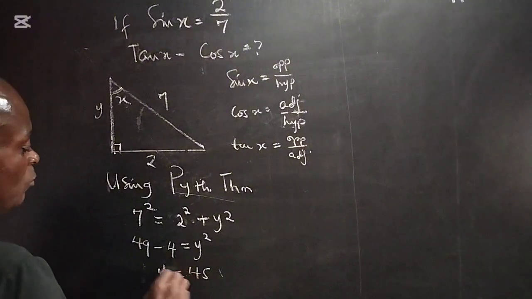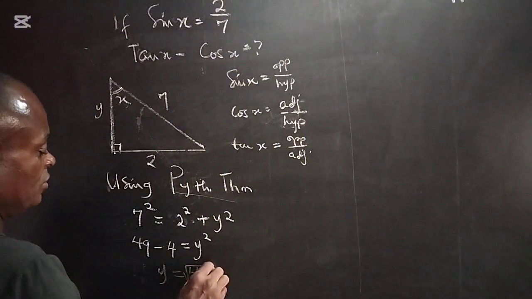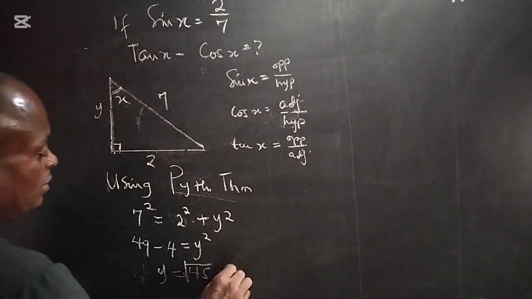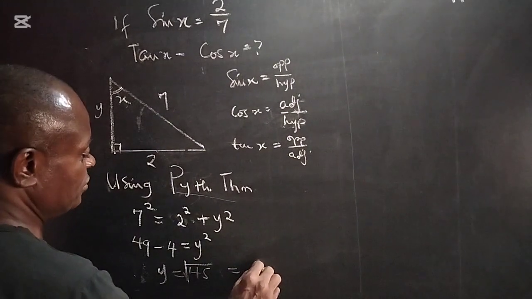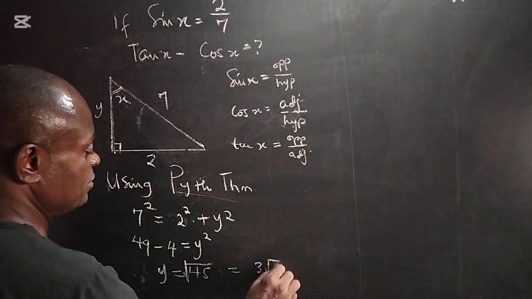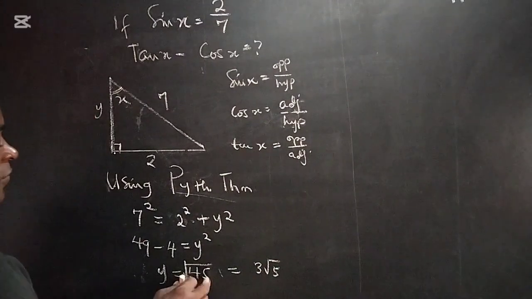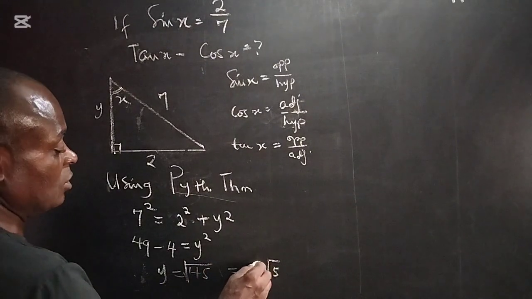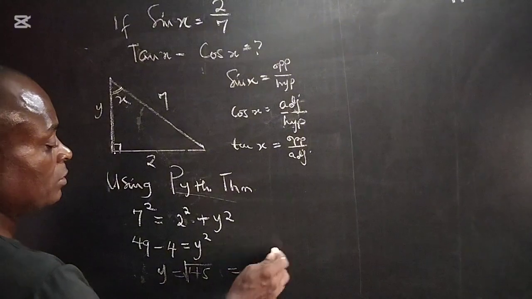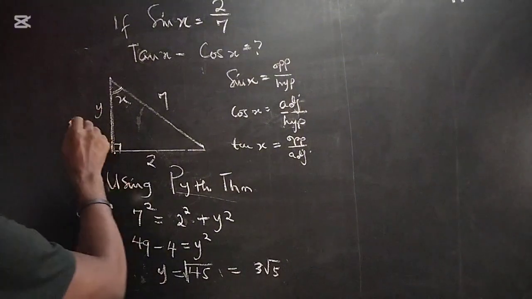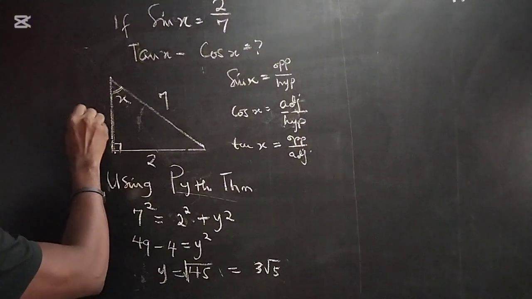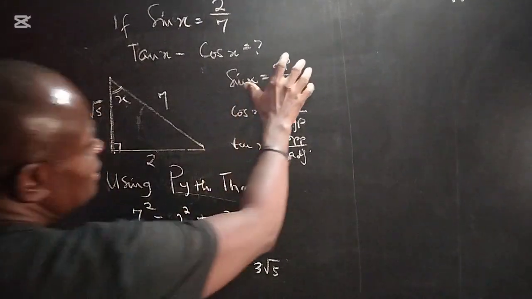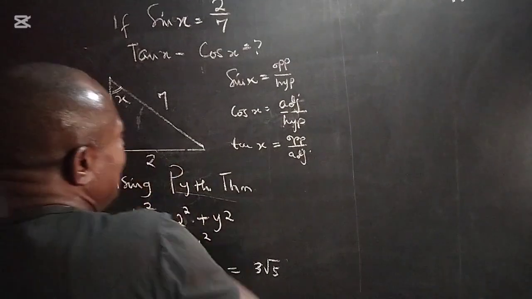When we find the square root of this 45, the result will give us y, which we can write as 3 root 5, since 45 is 9 times 5. So we got this side now as 3 times square root of 5.